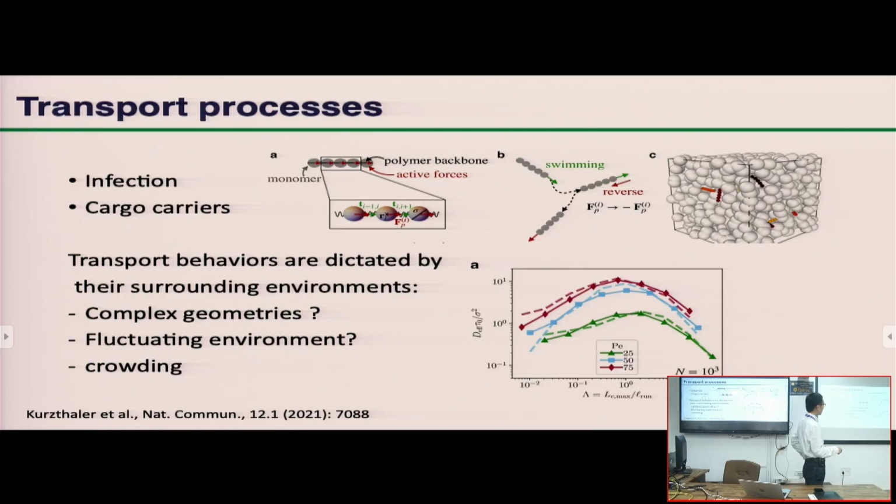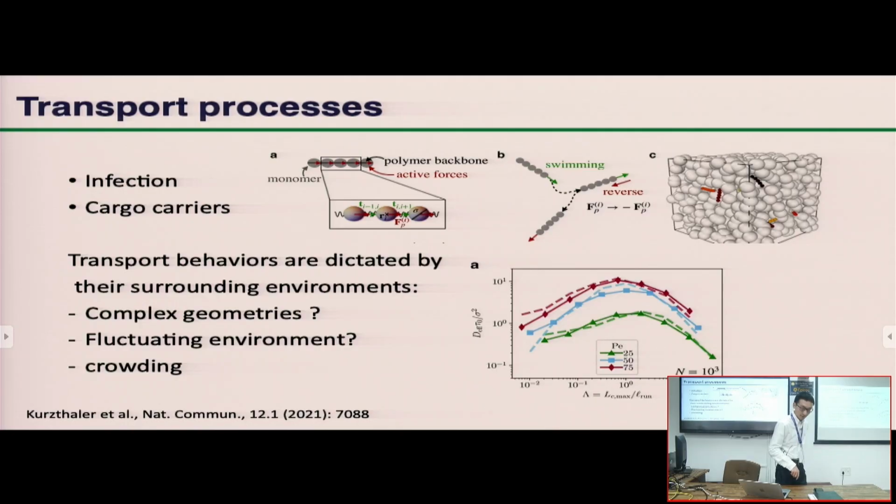So you can define a typical size of these empty pores, right? And if you compare that to the size of the swimmer, notice there's an interesting non-monotonic behavior. There's some kind of optimum geometry where these guys can spread the furthest, so the largest diffusivity.